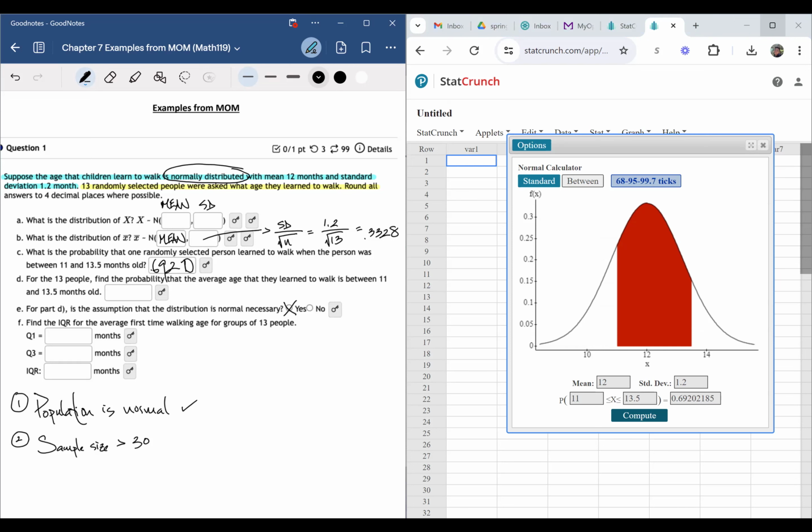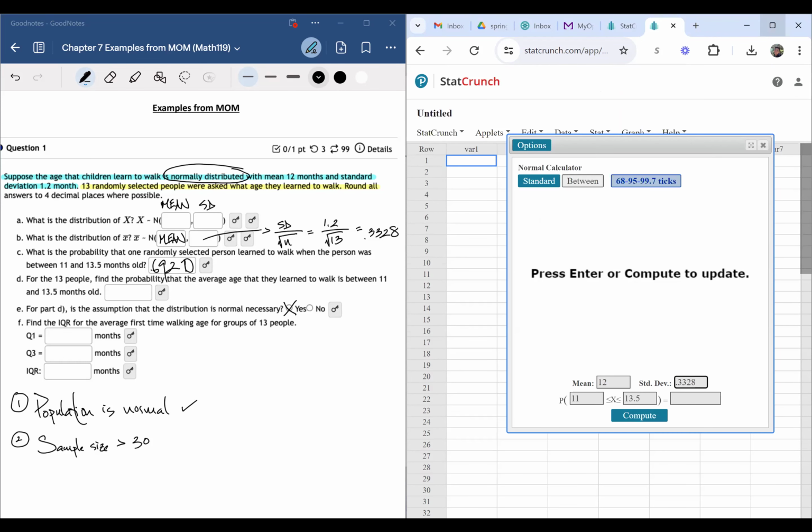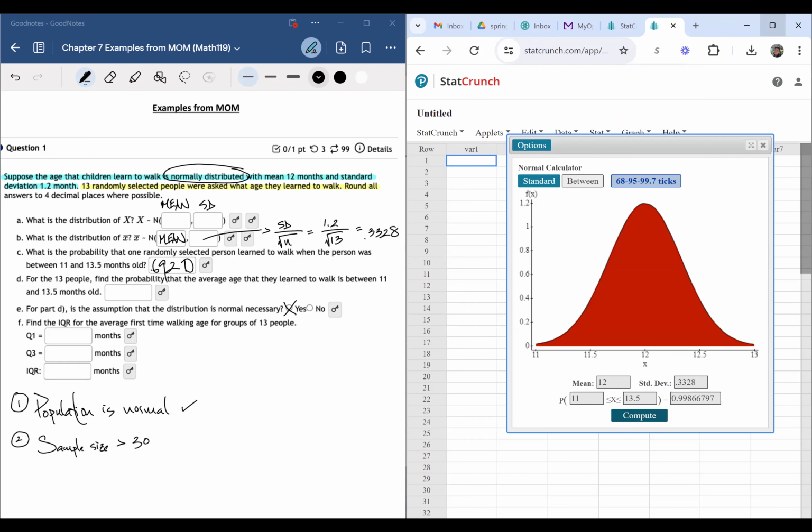We go back here and change our standard deviation to 0.3328, which is what we found earlier. Now we can click compute. You can see pretty much the whole bell curve is colored in here because we're looking at the distribution of the means. If we round to 4 decimal places, we're going to type in 0.9987.